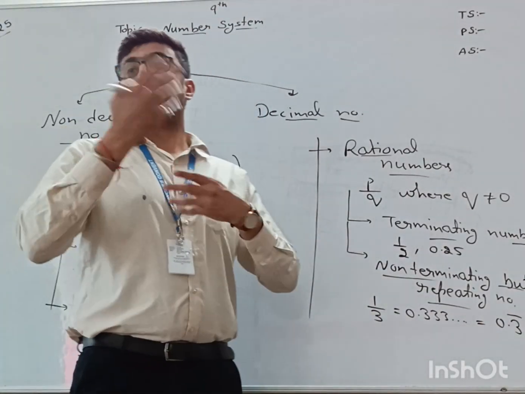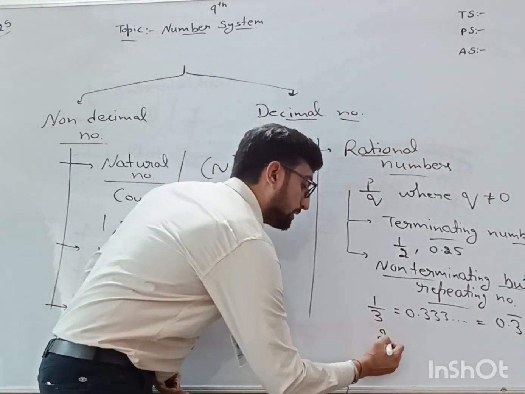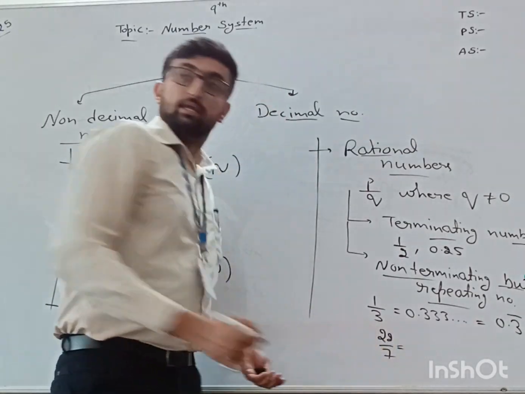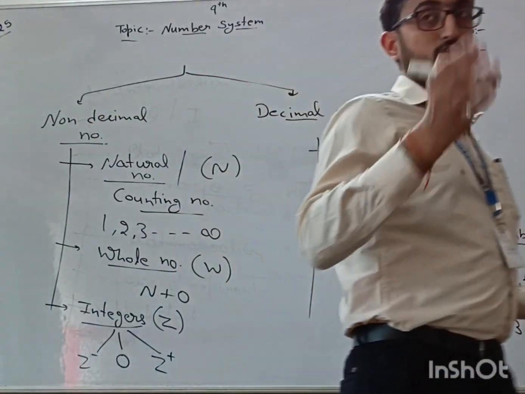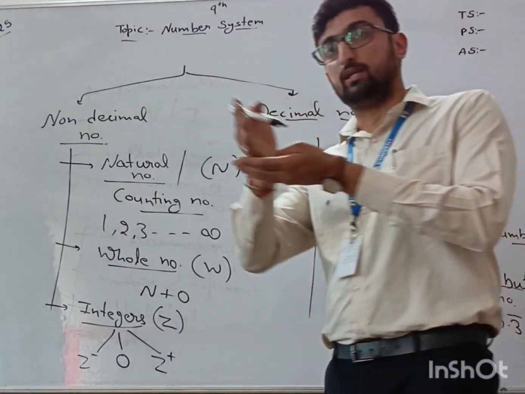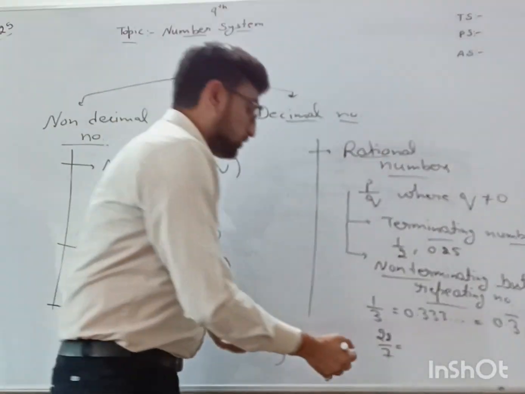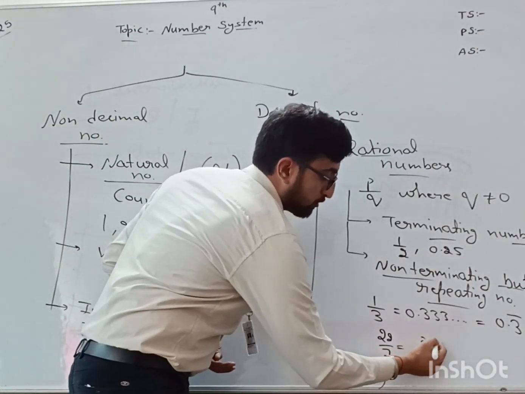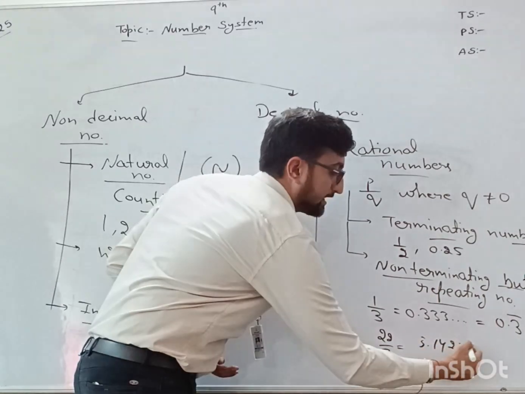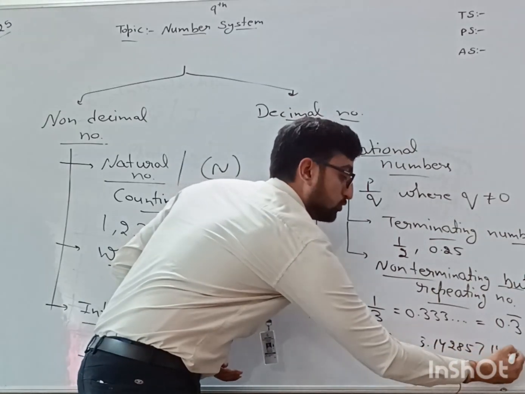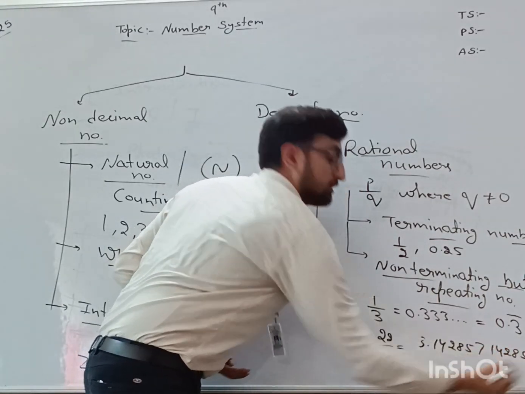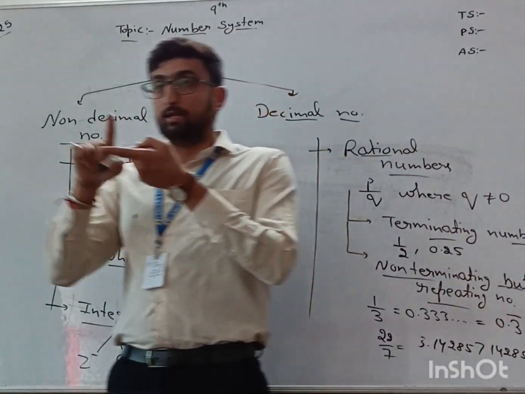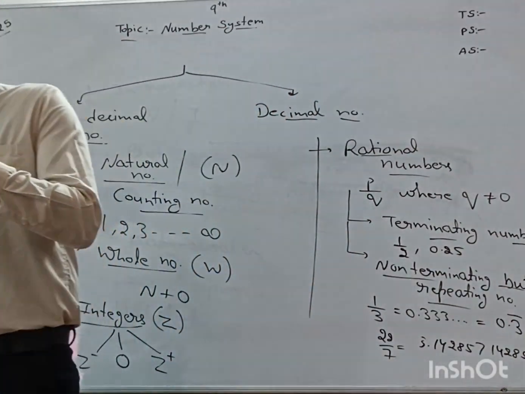Similarly, we have many more numbers, like 22 by 7. If you try to convert this 22 by 7 into decimal form, you will get 3.142857 142857 and so on. After the point, 142857 is repeating again and again.